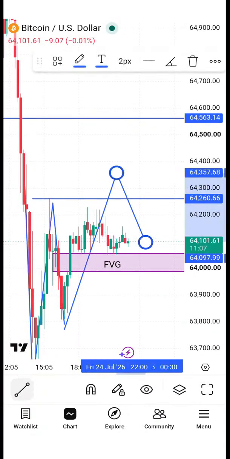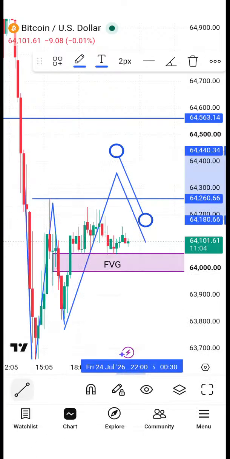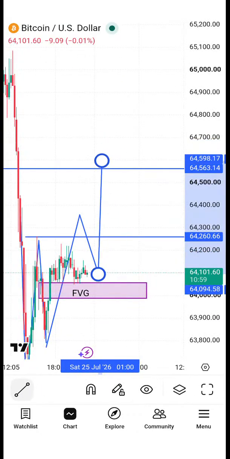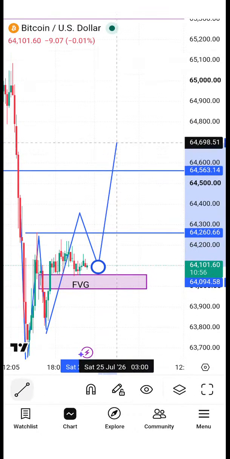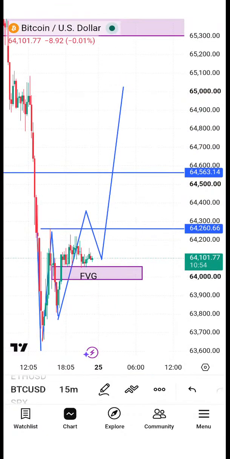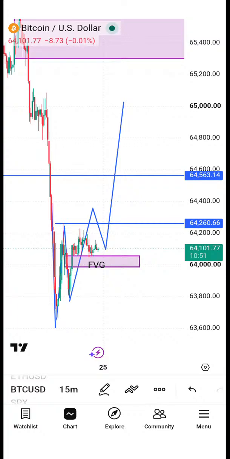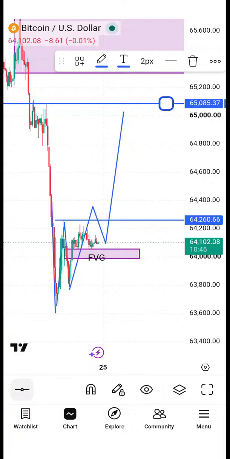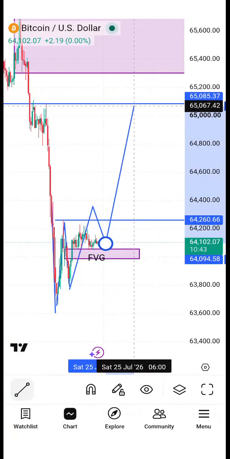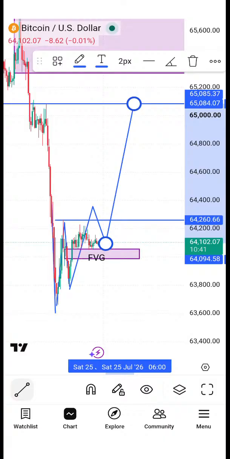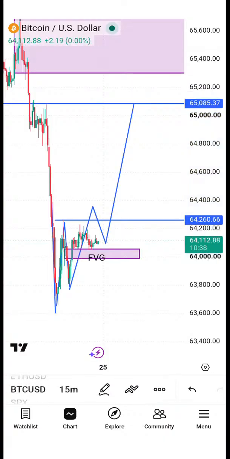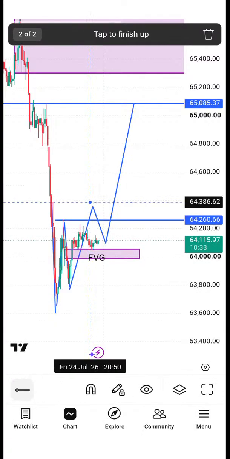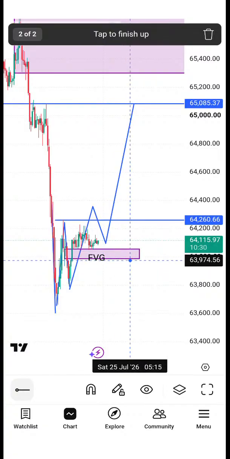When it breaks above here, then I'll buy. Buy it up until this high. Then my stop loss will be right below this area.